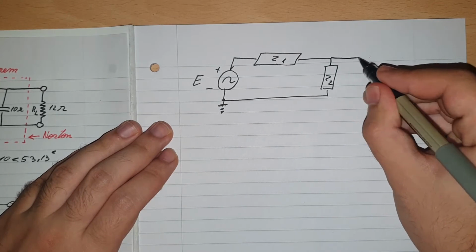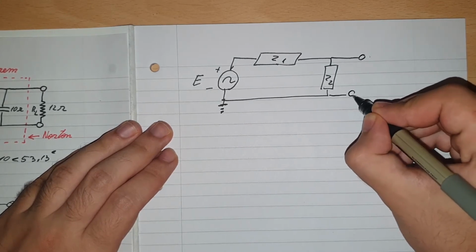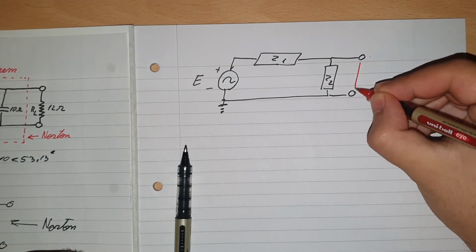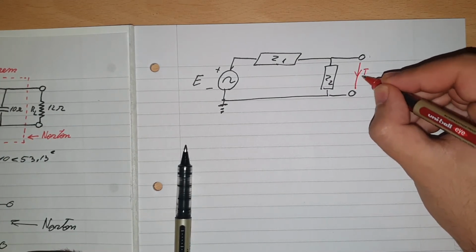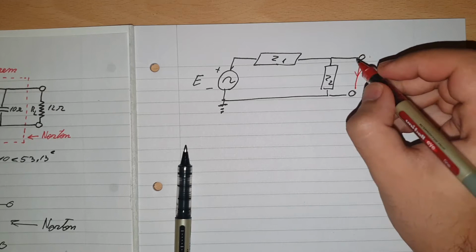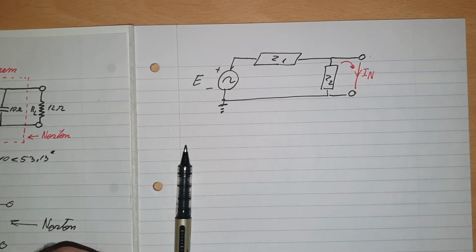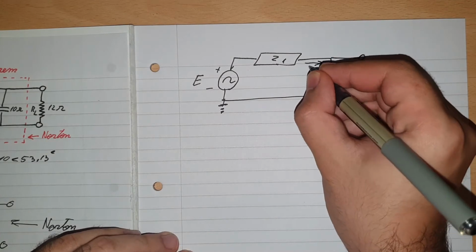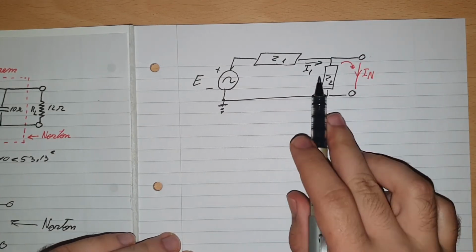Then don't forget about the opening as well, here and here. What we need to find is the value of IN, the current IN coming that way. And this is the current I1, the current that's coming in.